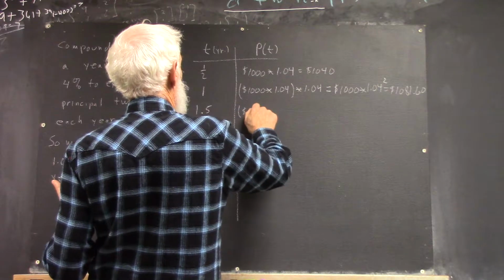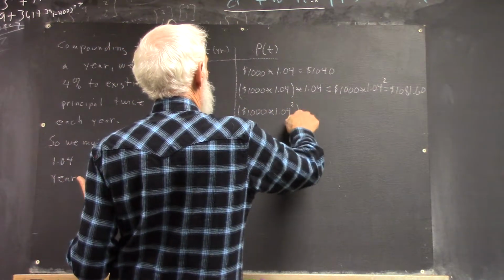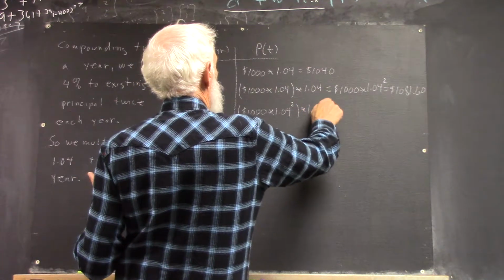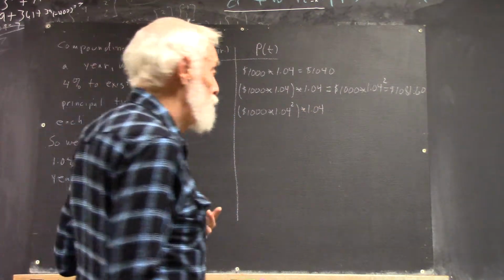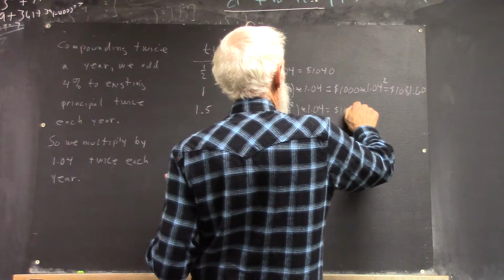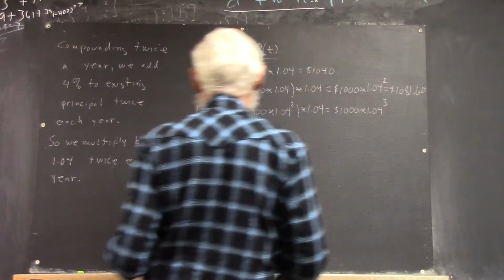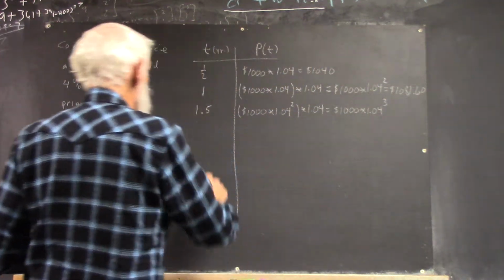It's going to be 1,000 times 1.04 squared times 1.04, times 1.04 cubed.